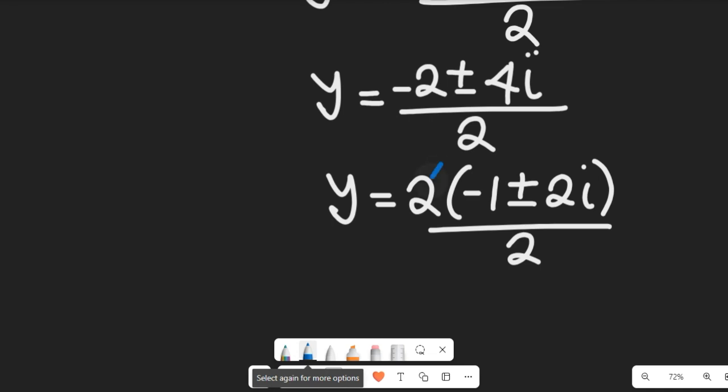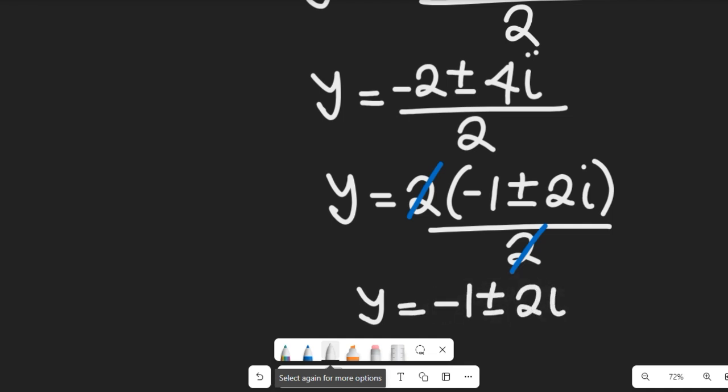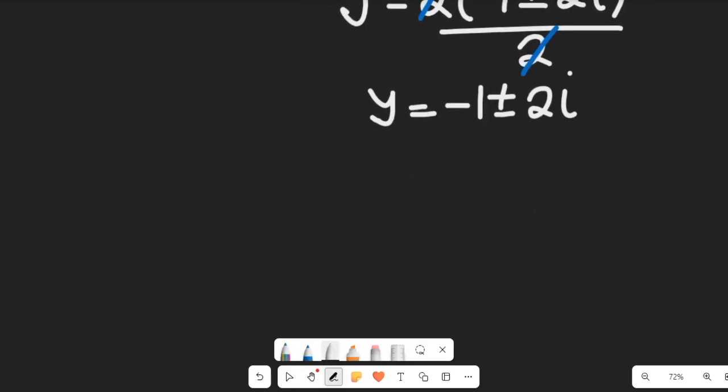So from here, 2 will cancel out 2, and then y will be equal to negative 1 plus or minus 2j.